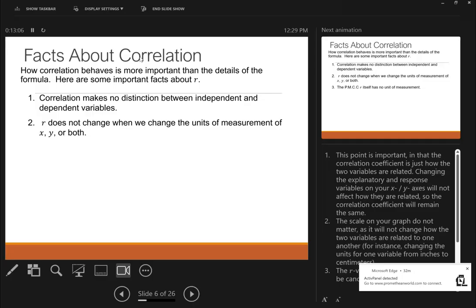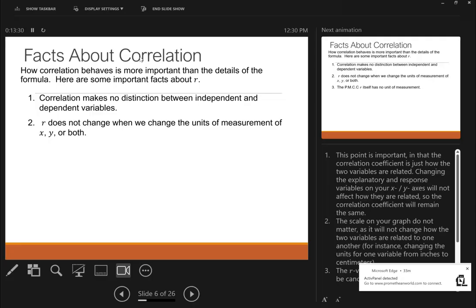The R value will not change if we change the units of measurement. So again, if your X's were hours of sleep and your Y is GPA, and you think, maybe I should do minutes instead, and you convert all the X coordinates from hours into minutes, your R value will not change.